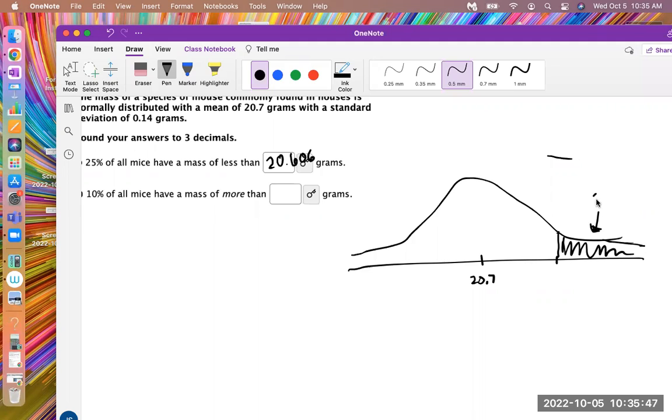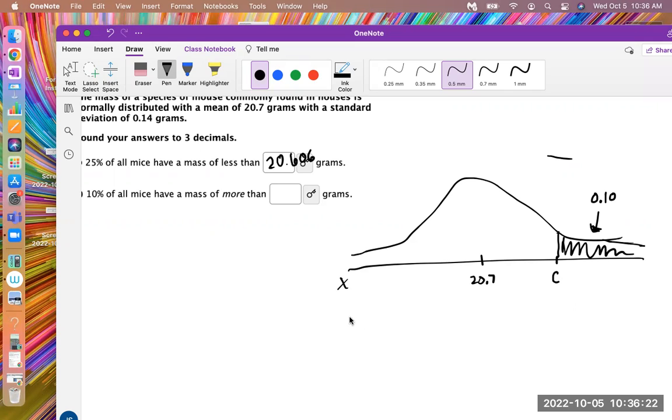So 10% written as a decimal is 0.10. Our goal is to find the value of the random variable, the number of grams. How heavy does that mouse have to be so that only 10% are heavier than it?